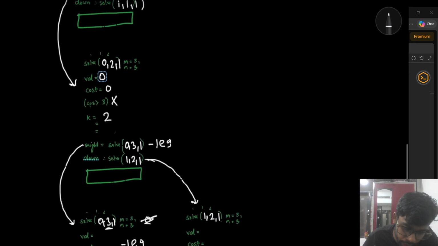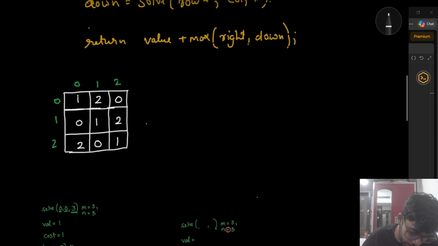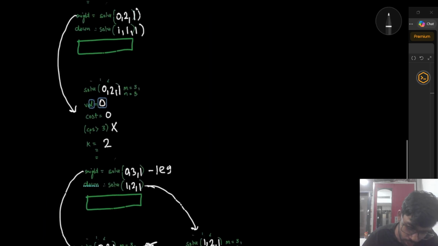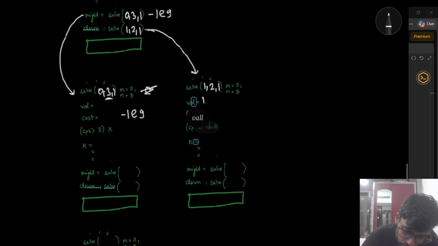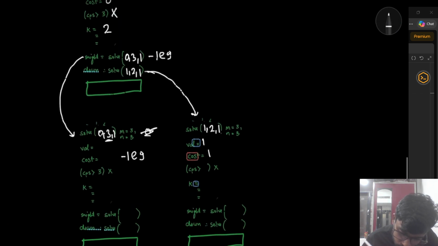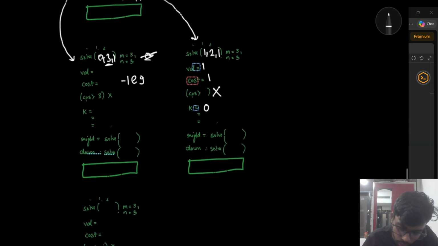So value will be grid of 1 comma 2. Grid of 1 comma 2 is 1, so the cost will be 1. Is the cost greater than 1? No. Here k becomes 0. Now again it will call the right function, 1 comma 3 comma 0, and down 2 comma 2 comma 0.